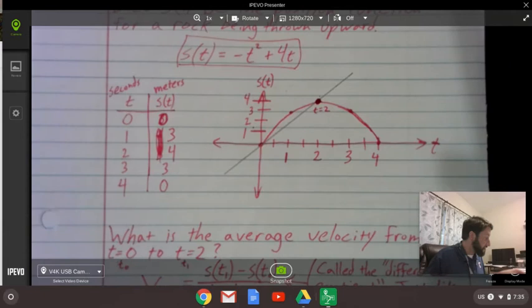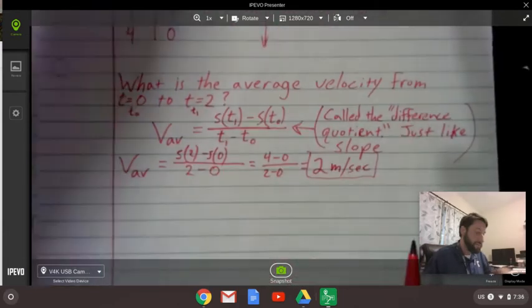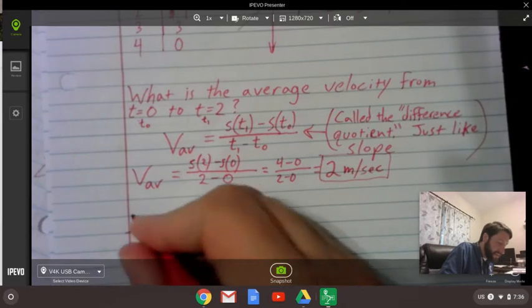Now, instantaneous velocity, and I'm going to write this down for you.